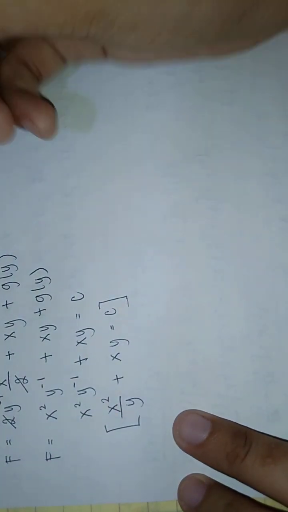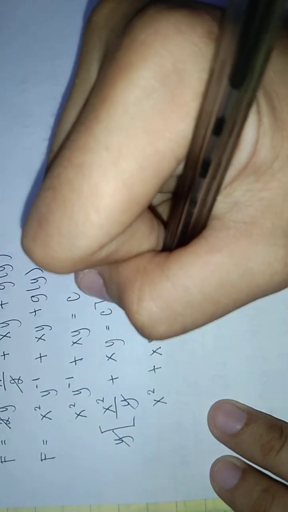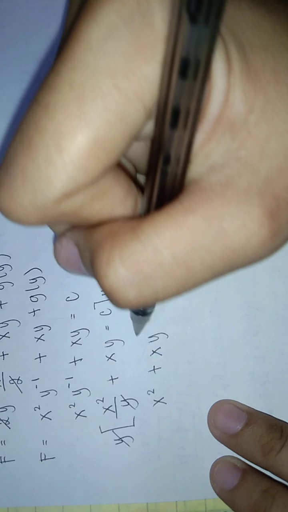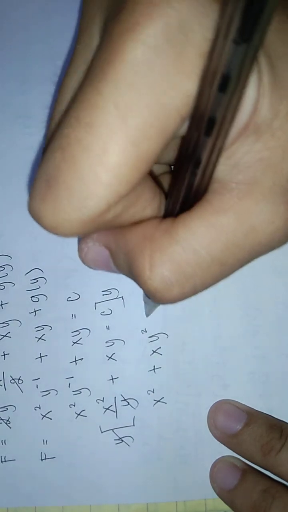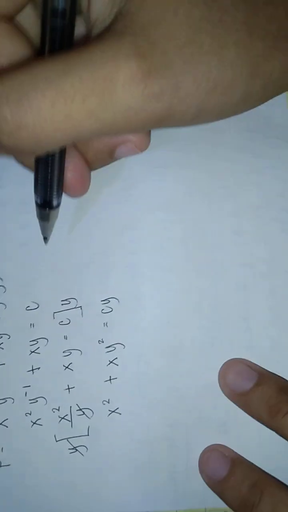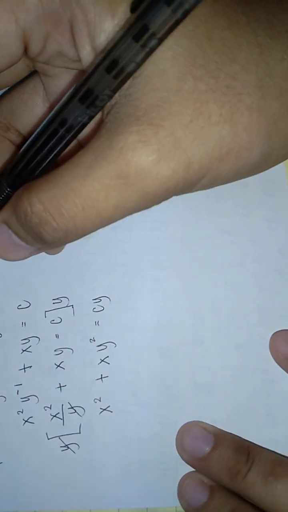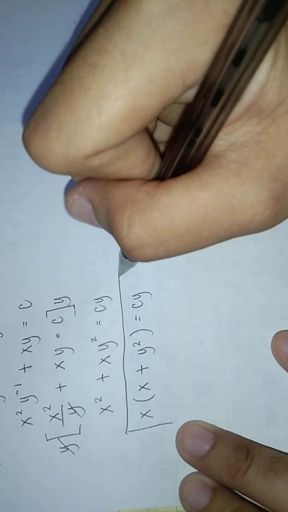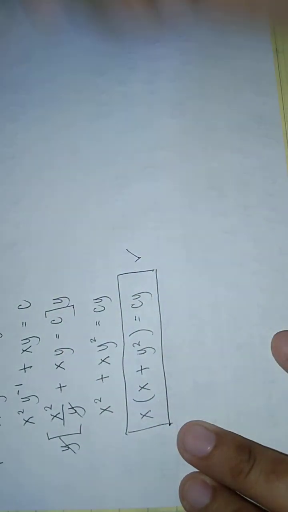So we can simplify this equation. Cancel that out. Then we'll have x squared plus xy squared equals to cy. Then simplify again. We'll now have x plus y squared is equal to cy. And that's our final answer.